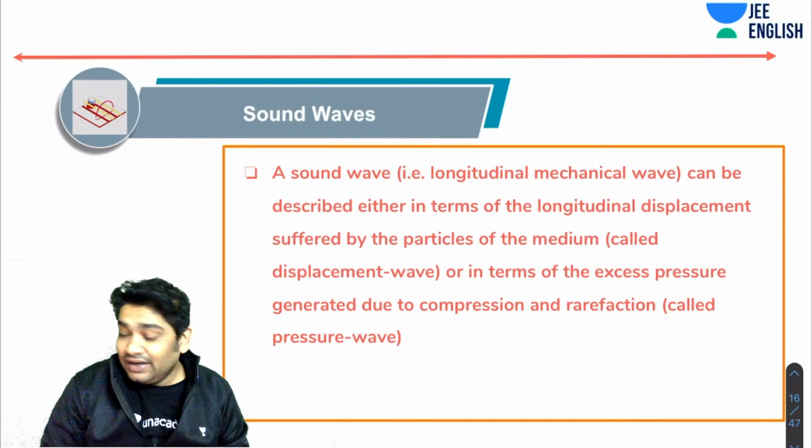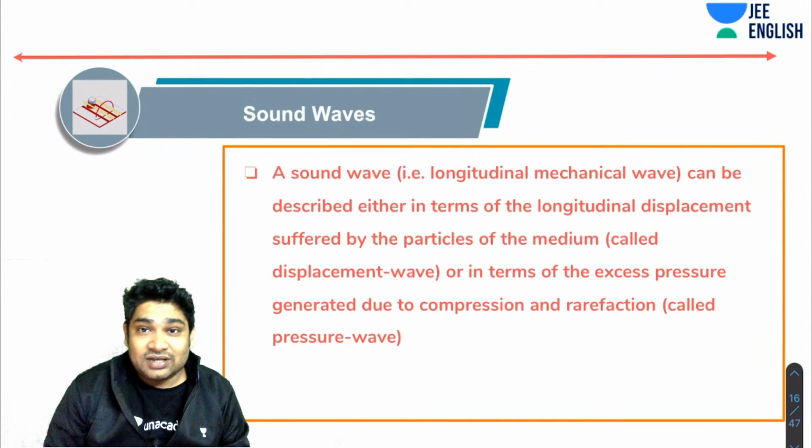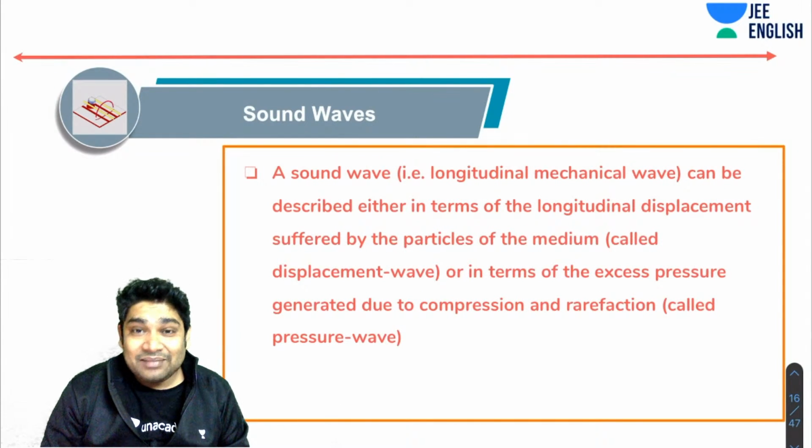Next, a sound wave is a mechanical wave, of course, so it requires a medium, and it is a longitudinal wave. It can be described either in terms of the longitudinal displacement suffered by the particles of the medium, which is called the displacement wave equation, or in terms of the excess pressure generated due to compressions and rarefactions, which is called the pressure wave equation.